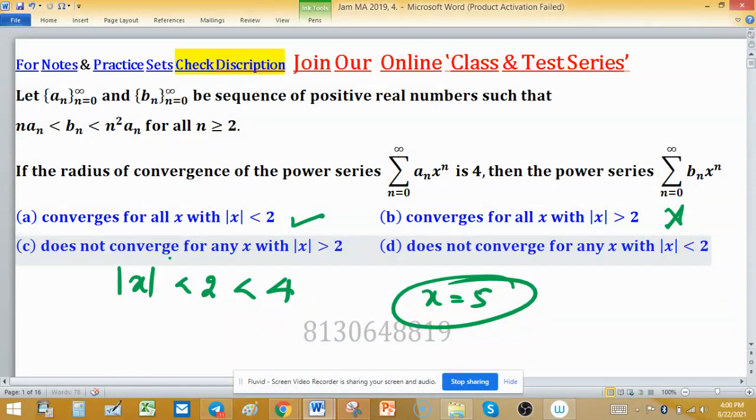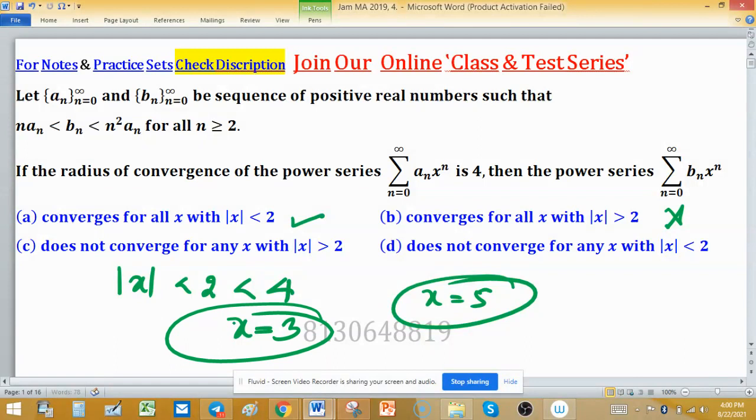In option C, it does not converge for any x with mod x greater than 0. But I can say for x equal to 3, this series will be convergent. Option D, does not converge for any x with mod x less than 2.